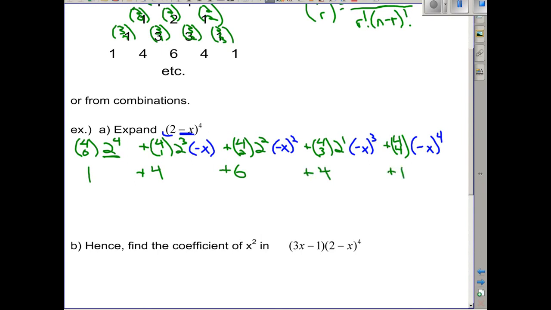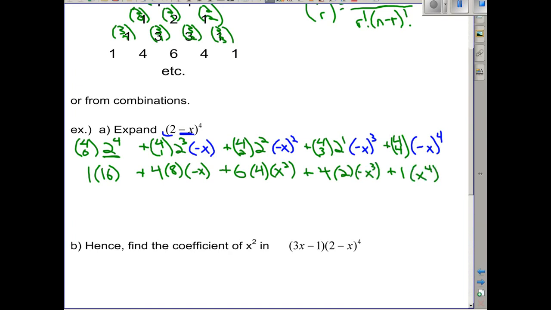Or I could go to my GDC and get it to do 4C0 for me, etc. 2 to the 4th, I know is 16. This will be 2 to the 3rd, that's 8 times negative x. 2 squared is 4. I'm just working out each individual part here, working out the exponents and the combinations. Negative x cubed, and this will be x to the 4th.